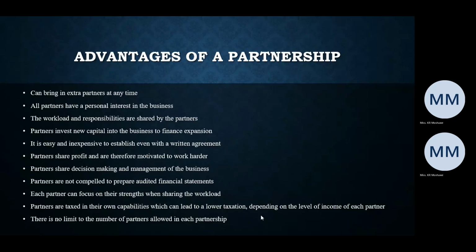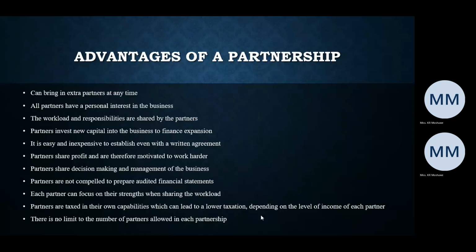Partners are taxed in their capacities, which can lead to a lower taxation depending on the level of income each partner receives. Like I mentioned before, if you are able to pay tax depending on your income, then that's when you are implicated to do so. But if you are unable to, then you're not implicated to do so.